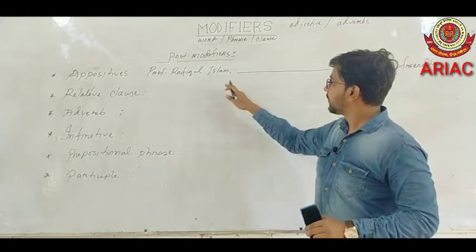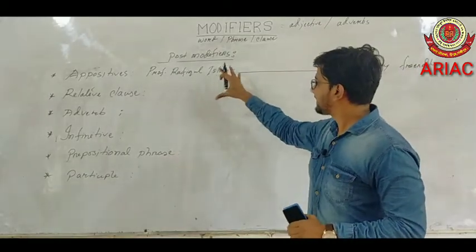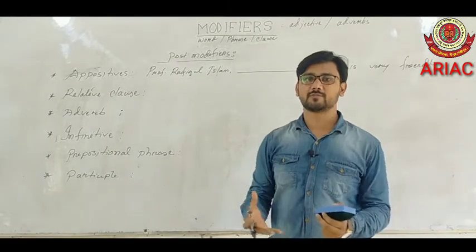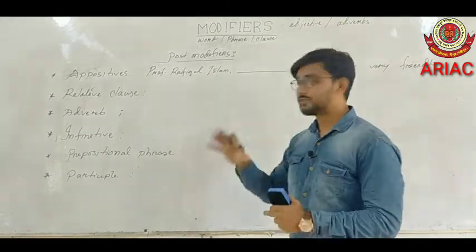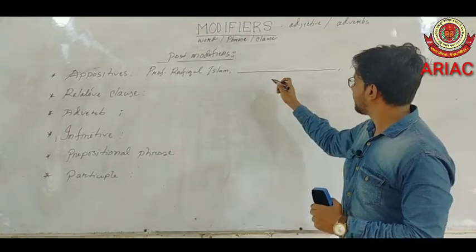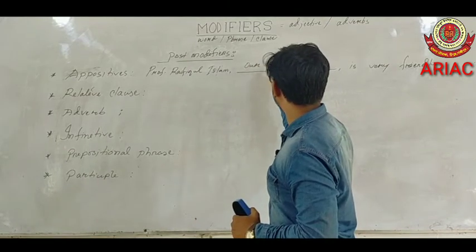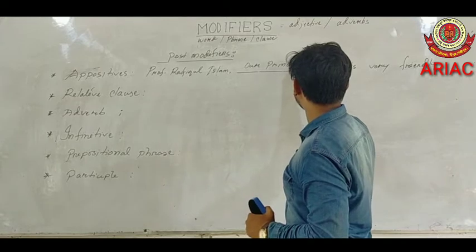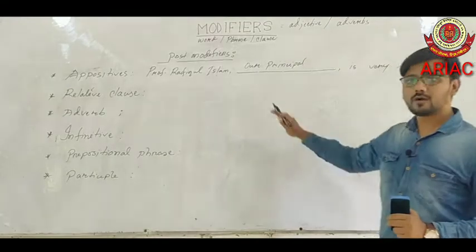So we have to put an appositive. We have to give extra information about Professor Rafiqul Islam. We all know who he is. He is our honorable principal of this college, of Addhapak Rafiqul Academy College. So we can write, our principal.